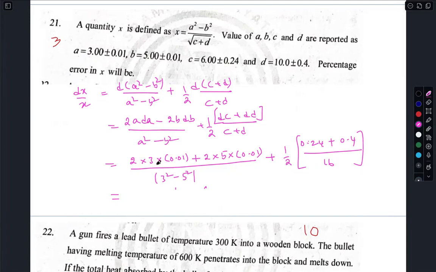Now I don't want to take any chance. 0.01, 0.24 is a 6, 0.4 is a 10, 16 into 0.01 by 16 plus 0.24 plus 0.4, 0.28. Wrong, there is a mistake there. 0.64, 0.32, 16. You went wrong right here. Into 100%. What happens is, here 2 comes, here 1 comes. So finally this is 3%.